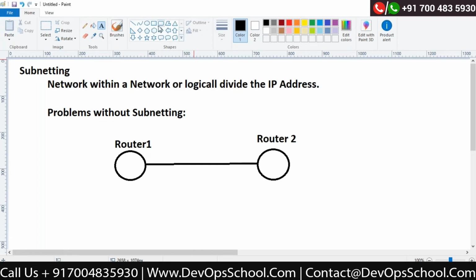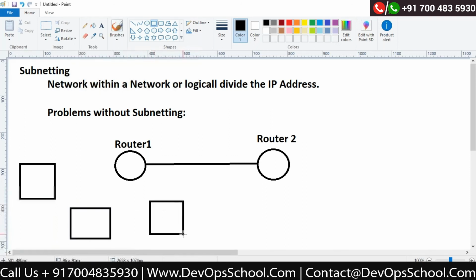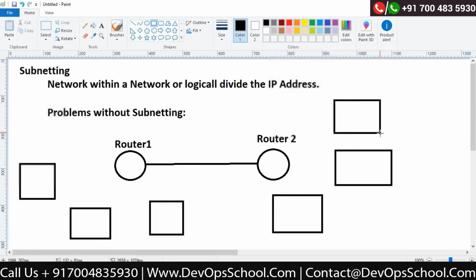Maybe I have some small network over here. There is a small network over here. There is another small network over here. Here is also a small network. Here is also a small network. Here is also a small network. These all are my LANs, local area connections, correct?